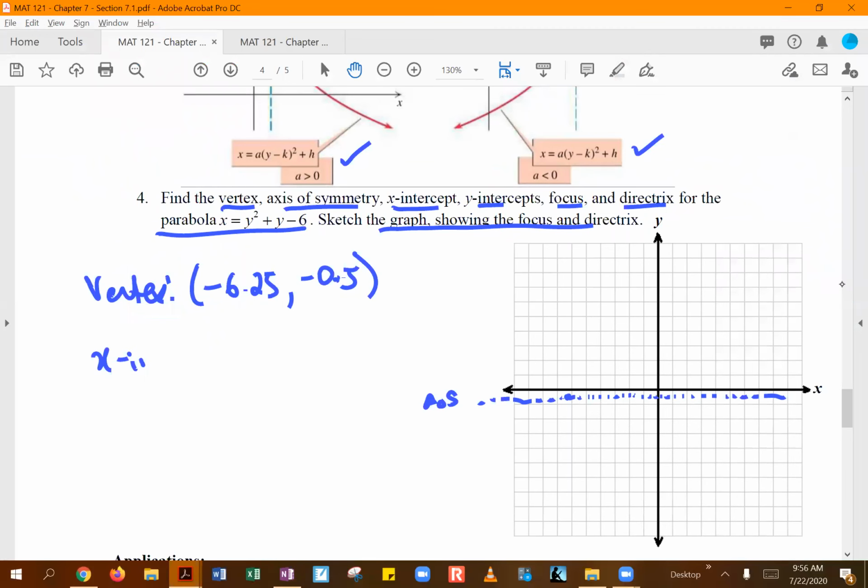And again, let me make this guy a little bit bigger here. So at negative 6, 0 is literally this point right over here, because at negative 6.25 is where we have our vertex. So literally just a quarter of a distance to its right, and then of course at 0.